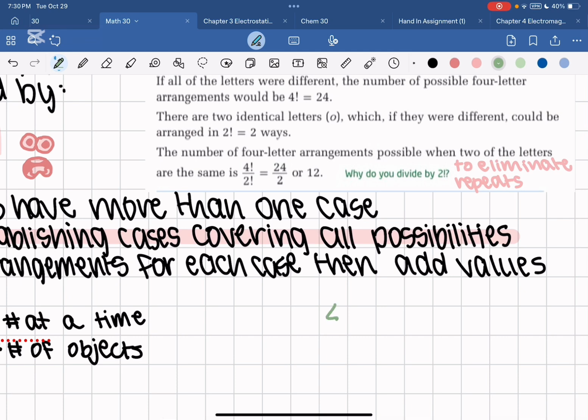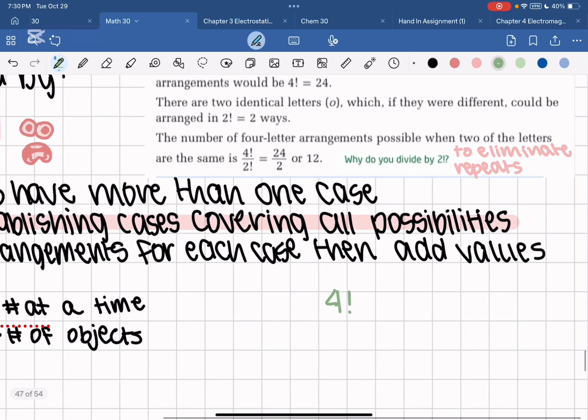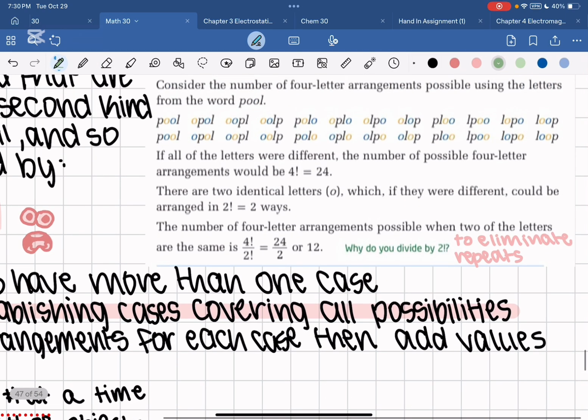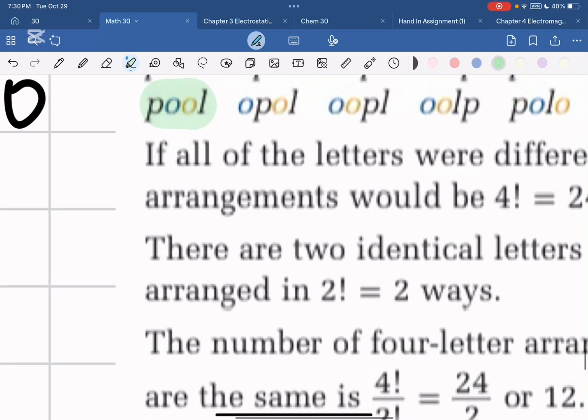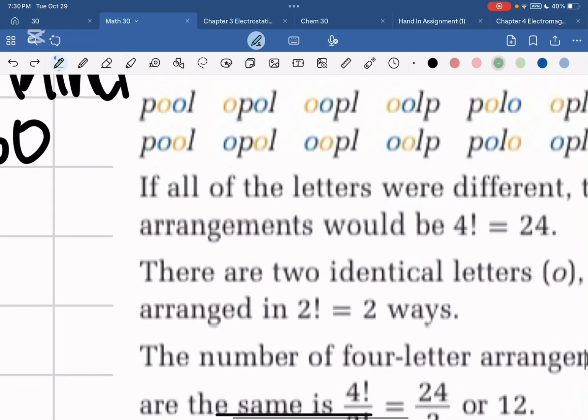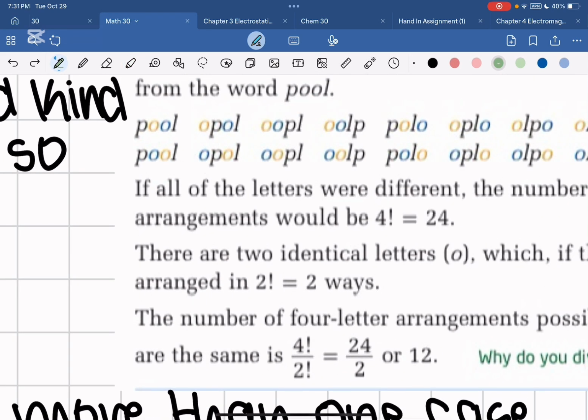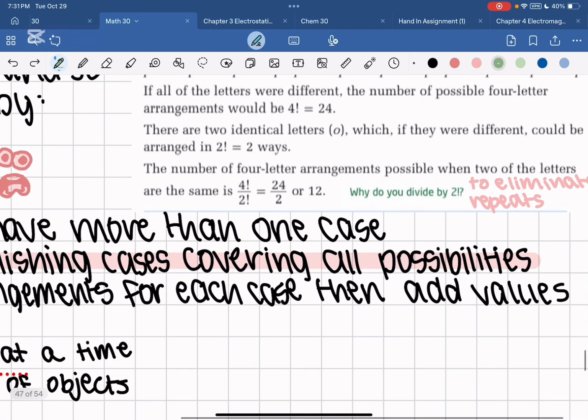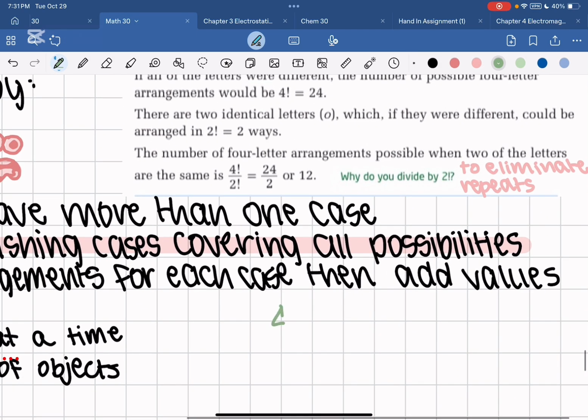You're going to want to divide the factorial of the total amount of letters by the factorial of the amount of letters that repeat. So since O repeats 2 times in these letters, and you have 4 letters total, you would divide 4 factorial by 2 factorial.